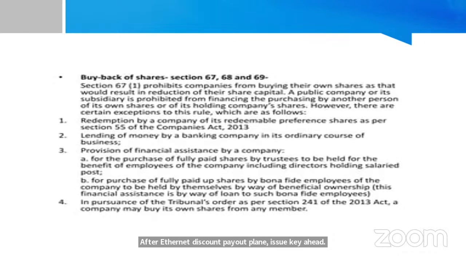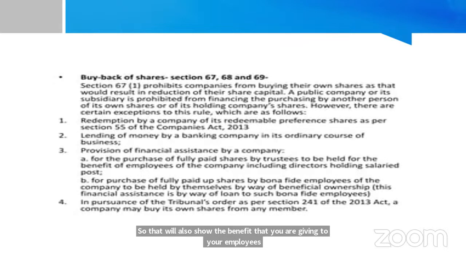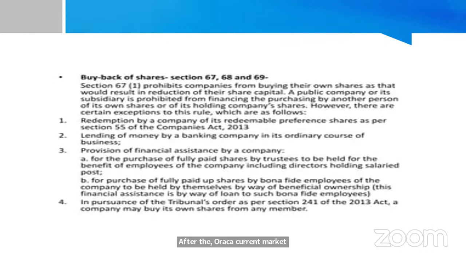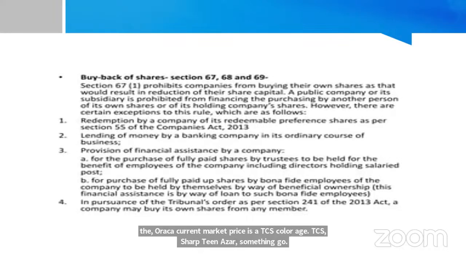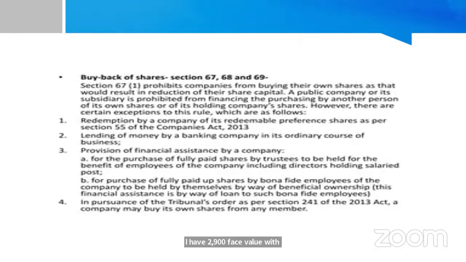Supposing your face value is 10 rupees, and your current market price, take TCS for example, is maybe 3000 something or 2900, face value is 10 rupees, and you are issuing to your employees at 8 rupees. So they are getting shares at 8 rupees, but once these shares are allotted to them, what is the actual price that they are getting?